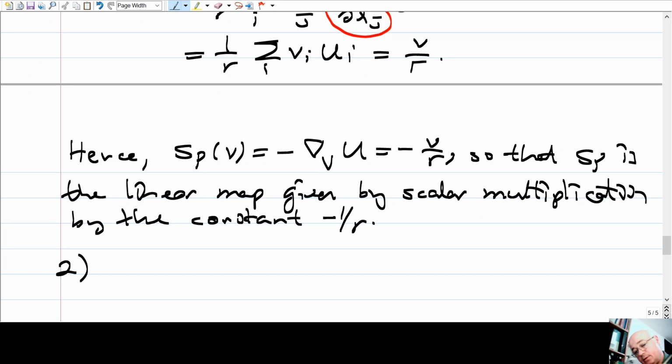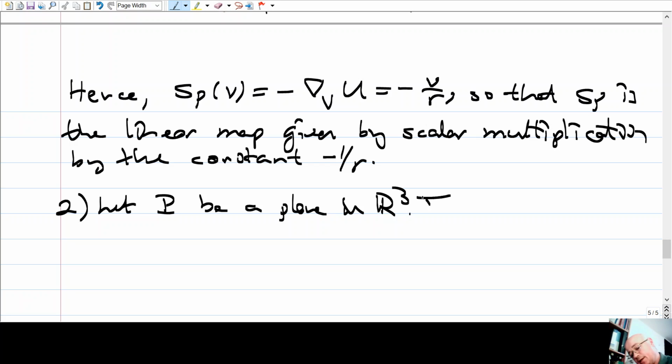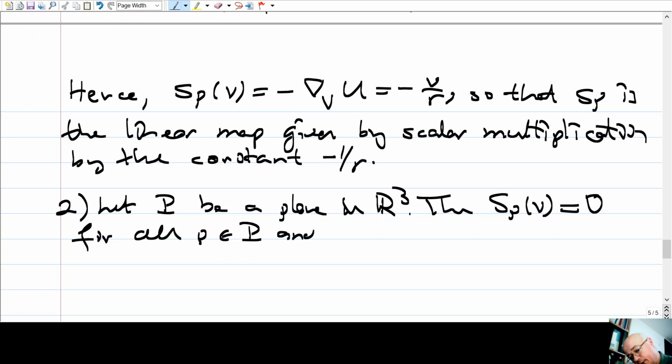Well, let P be a plane in R3. Then clearly S_P v is 0 for all p in P and v in T_p P. Why is that?